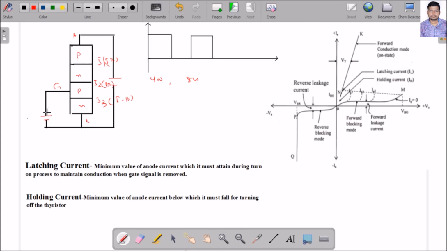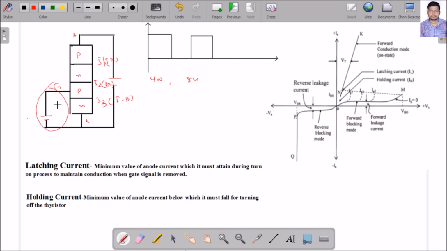But as I give the gate signal, the voltage requirement to turn on the thyristor reduces, so suppose the thyristor is now conducting. Once the thyristor is conducting, junction J2 is no longer reverse biased. If J2 is no longer reverse biased and current is flowing, what is the need of giving the gate signal here?